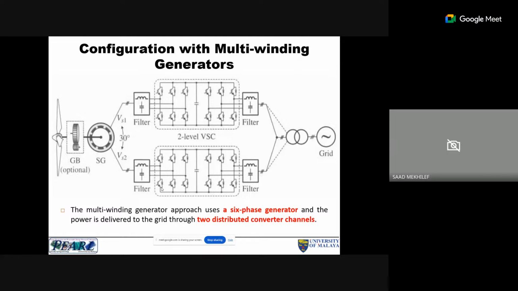Sometimes, to increase the power in synchronous generators with indirect wind turbines, we may also have 6-phase generators, with a 30 degrees phase shift between each one of them. Like this, that will enable us to handle higher power.